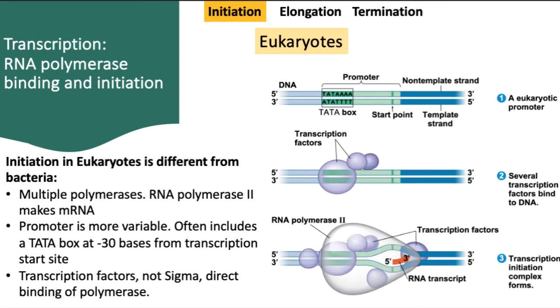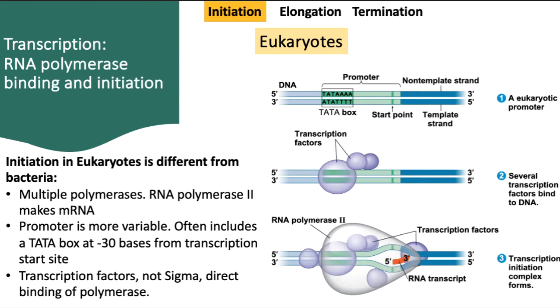In eukaryotes, the process is broadly similar. However, eukaryotes have several RNA polymerases, each responsible for transcribing certain types of RNA. RNA polymerase II is responsible for making mRNA. Eukaryotic promoters are also more variable than bacterial promoters.